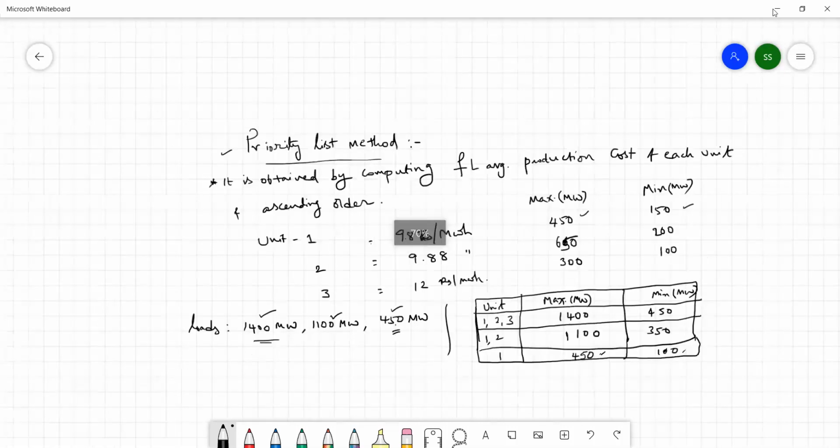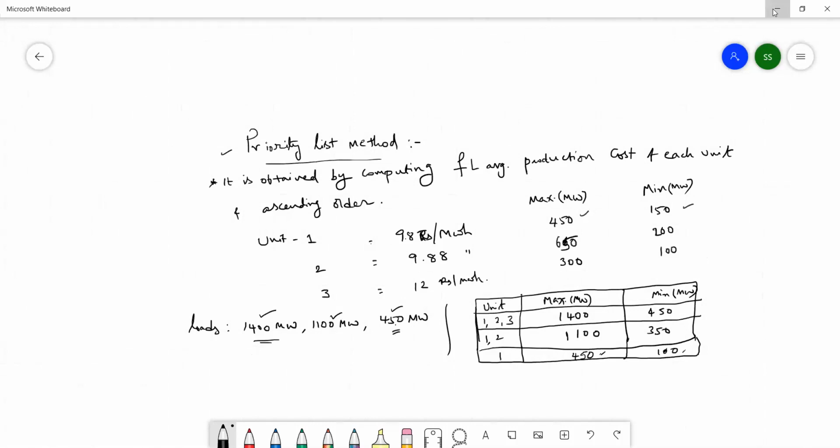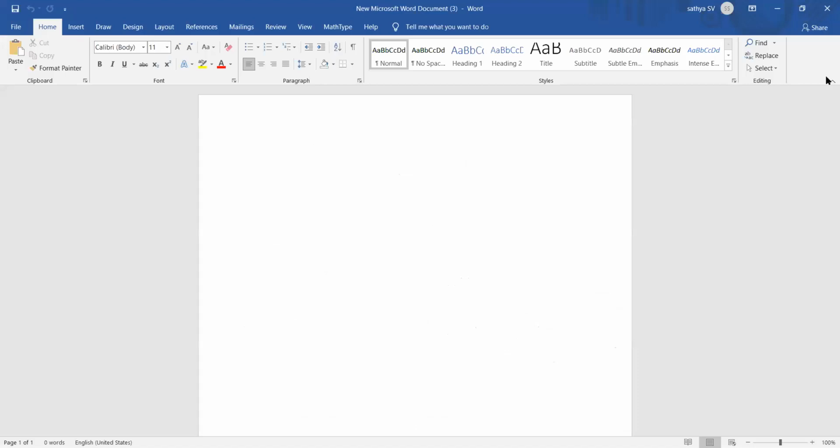Here I will share my Word document. One second. Is that Word document visible to everyone?